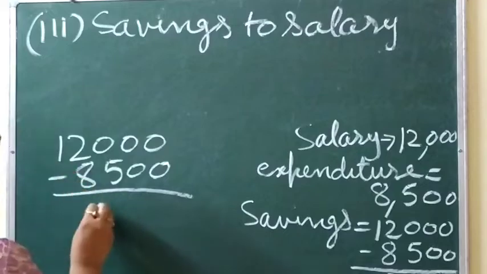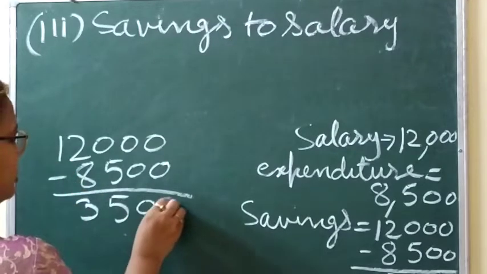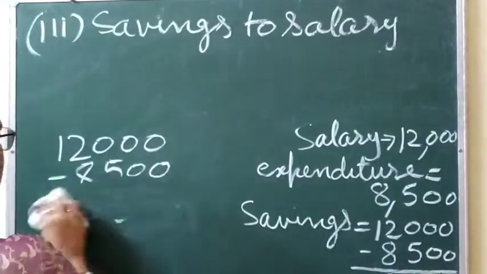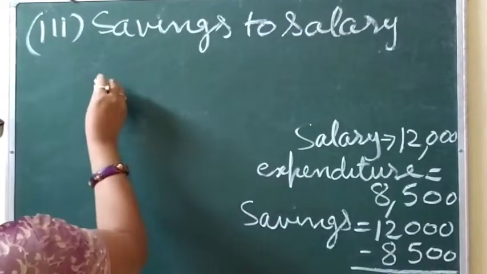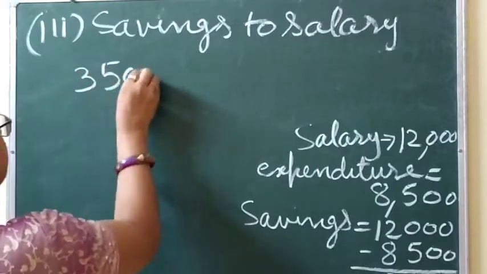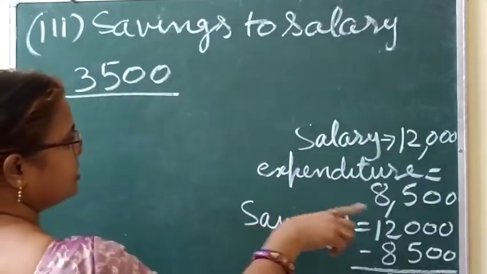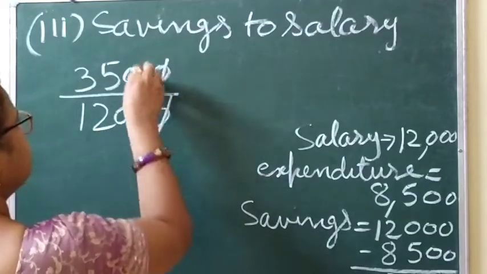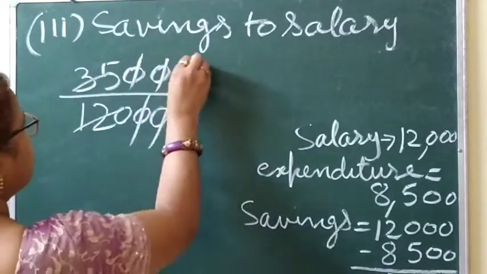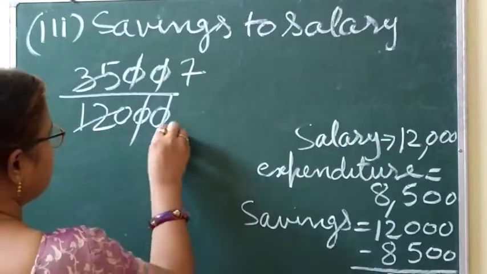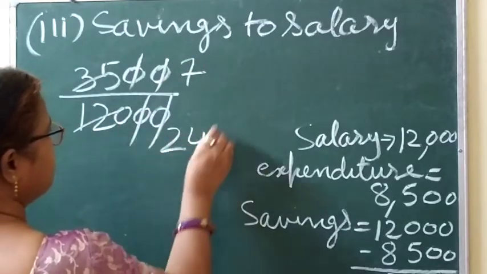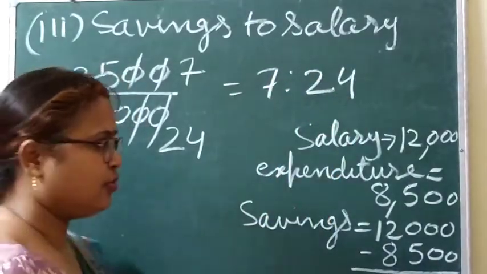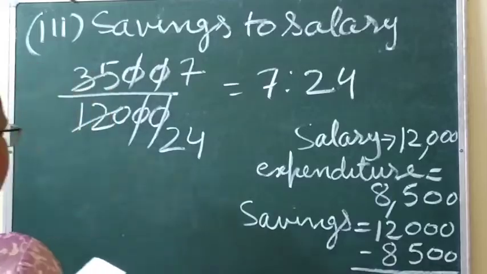When we subtract, we get 3,500. So this is your savings. So savings is 3,500 divided by salary, which is 12,000. Now cancel 0, 0. Now 5 sevens are 35. 5 twos are 10. And then 5 fours are 20. So the answer will be 7:24.